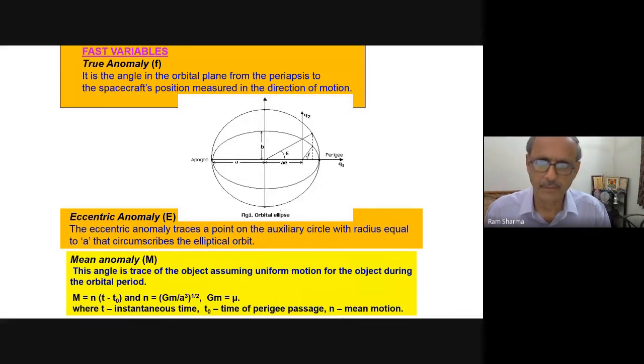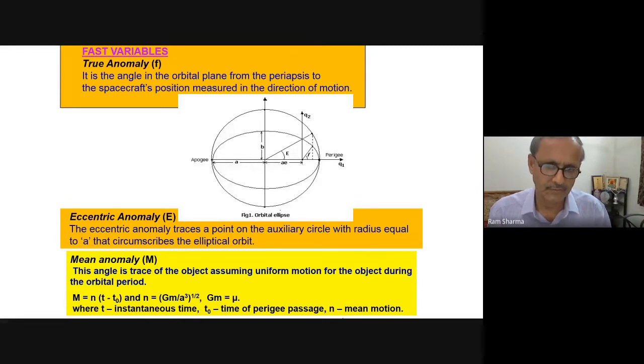The first variable is the true anomaly F or theta, and E is the eccentric anomaly. These are all fast variables, and M can be calculated from the mean motion. Mean motion is related to mu, the gravitational constant, which depends on the mass; G is the universal gravitational constant, and M is the mass.